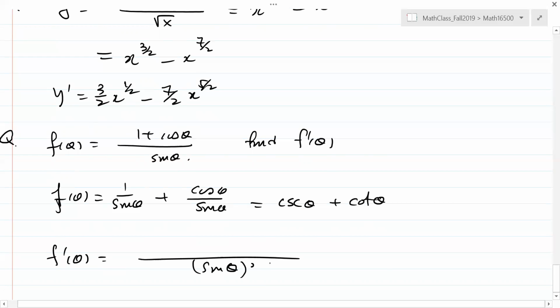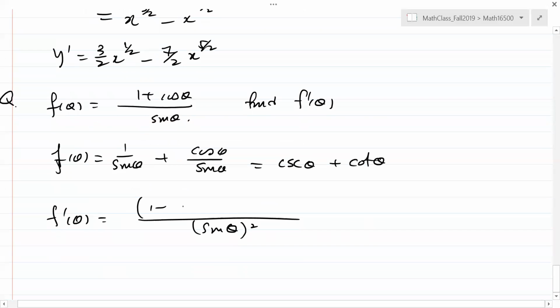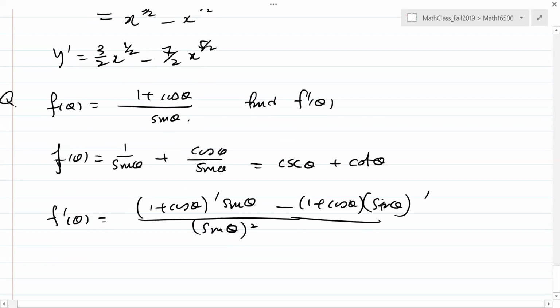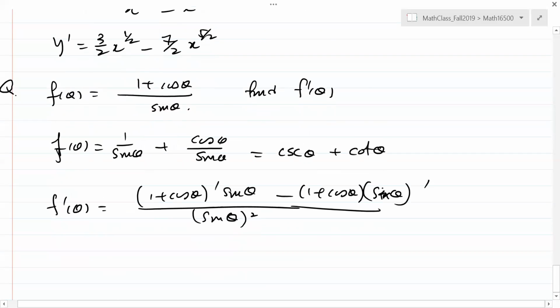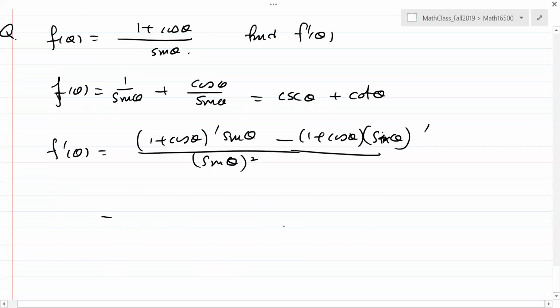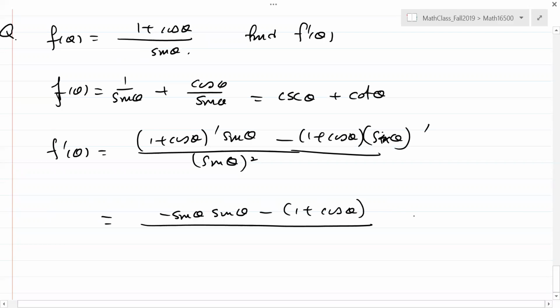It's going to be the square of sine theta, in the denominator, with numerator the derivative of 1 plus cosine theta times sine theta minus 1 plus cosine theta times the derivative of sine theta. Okay. Then the next step is to calculate each of them. The derivative of cosine theta is negative sine theta, and here's the cosine theta.